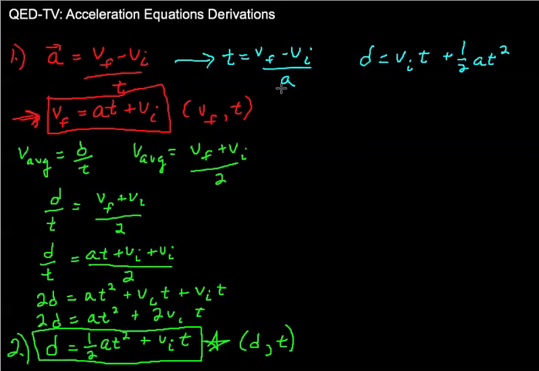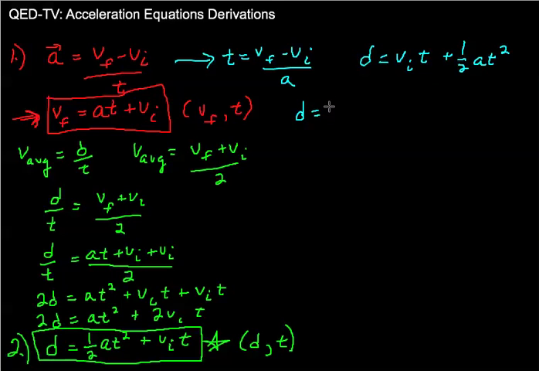If we put this big thing in for t, it's going to be really ugly, but that's what we're going to do. And so we can sub this in for our t and work through the algebra to try to get to an equation that has displacement and final velocity, but no time in it. So I'm going to have d, displacement. Let's see if I can do this neat. I'll try to do it as neat as I can.